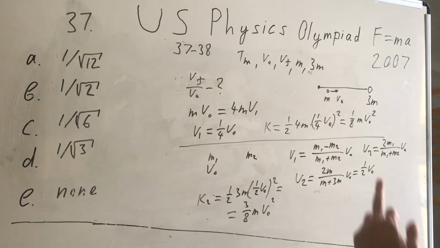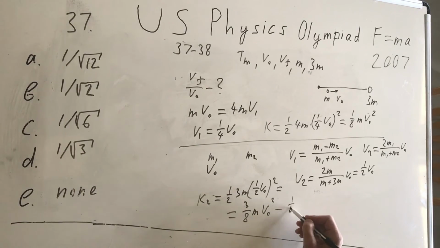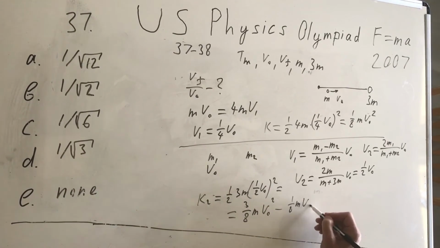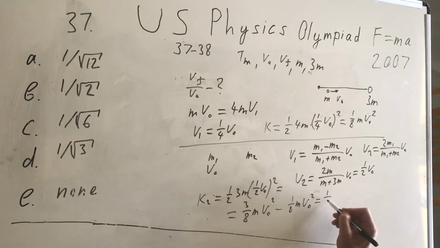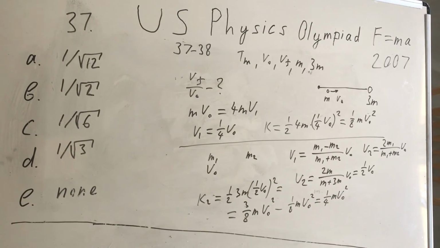But when it goes with the cord, we extend the cord and it gets some potential energy before it breaks. And we know the potential energy for the break, so we just need to subtract this energy. So that's 3/8 minus 1/8 m v0 squared, which is 1/4 m v0 squared. That's our kinetic energy after the break for the second mass.